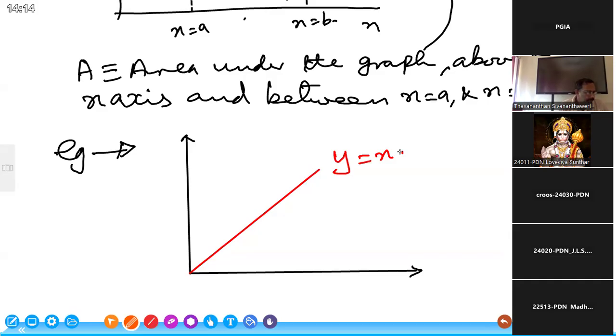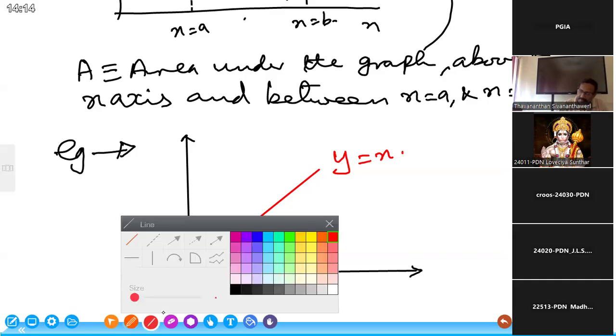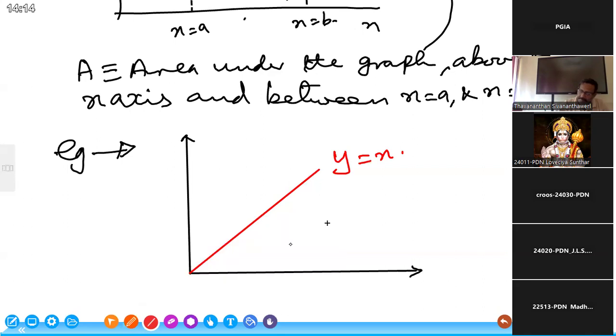Suppose I want to find out the area when x equal a.